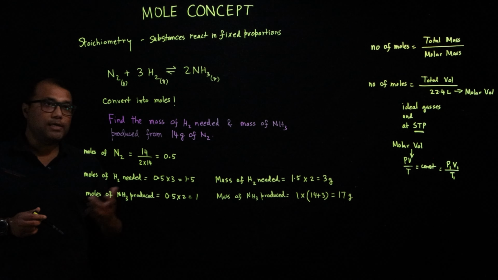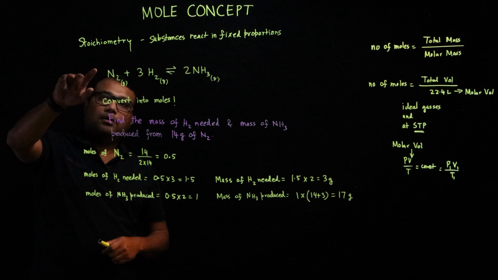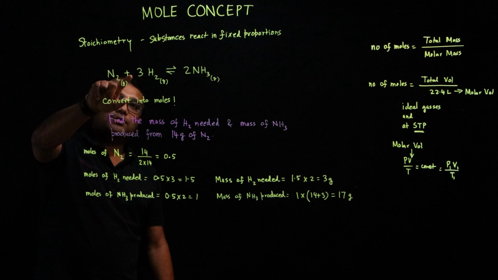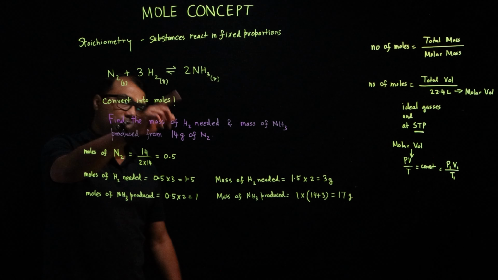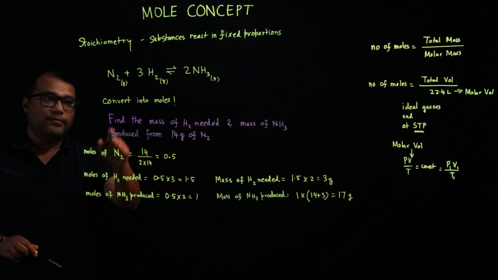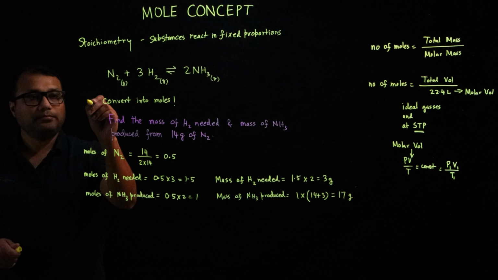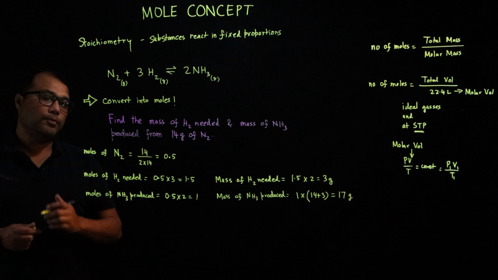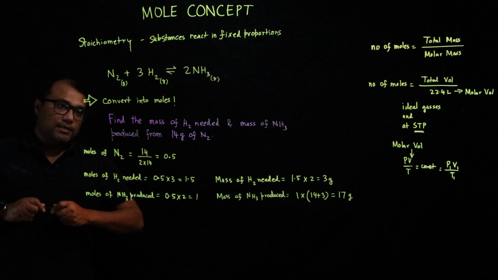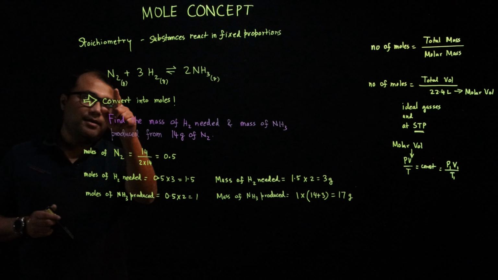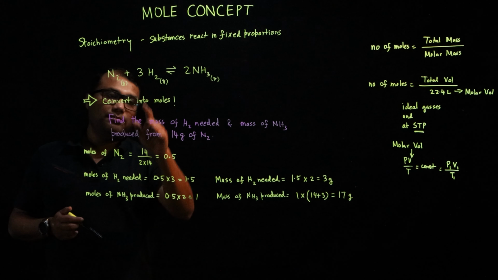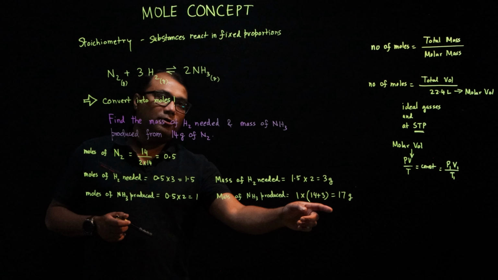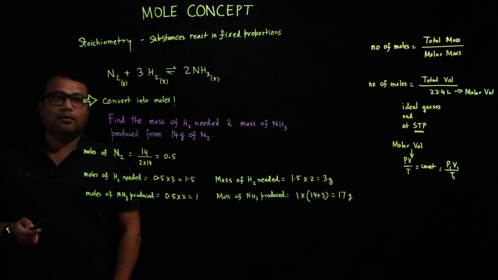So like I mentioned before, 1 mole of nitrogen gas combines with 3 moles of hydrogen gas to produce 2 moles of ammonia. We always need to convert into moles. This is very, very important. Now you can see that 14 grams of nitrogen is combining with 3 grams of hydrogen to form 17 grams of ammonia.